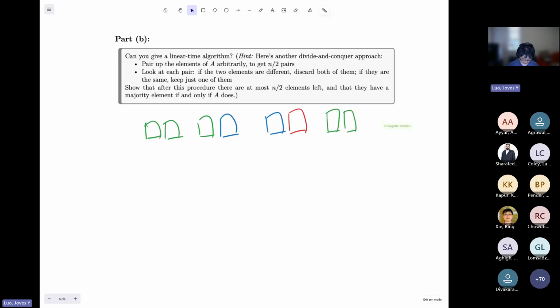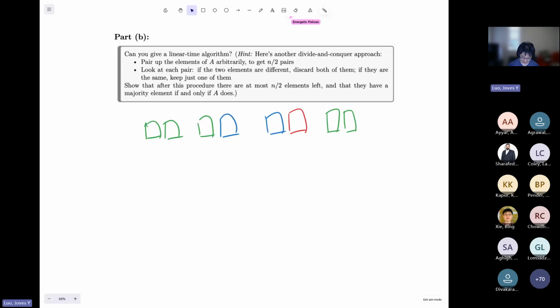So if we do this, what we can say is that anytime I eliminate a candidate or an element from one candidate, I eliminate it from the other as well.